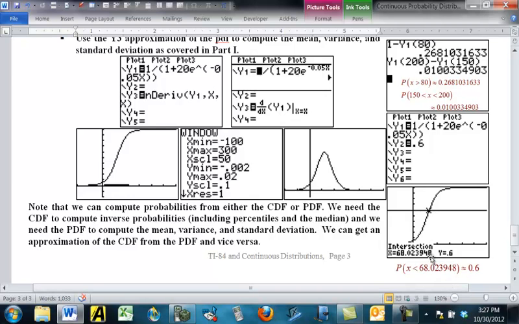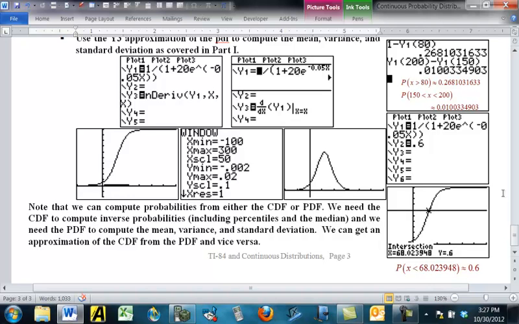So that says the probability that x is less than that 68 point something is 0.6. That's telling us that this 68 point whatever is the 60th percentile. 60% of the data is below that. The probability that you would get something below that is 60%.